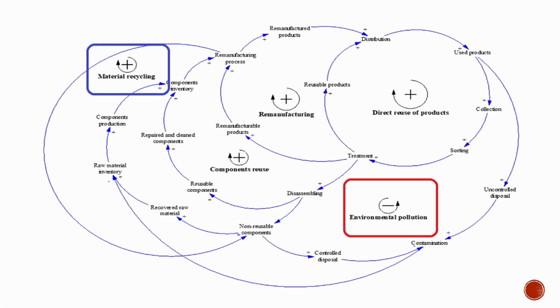On the fourth stage, if the used product, after collection, sorting, treating, and disassembling, has no reusable components we can recover, then we take the non-reusable components and look for recoverable raw materials.